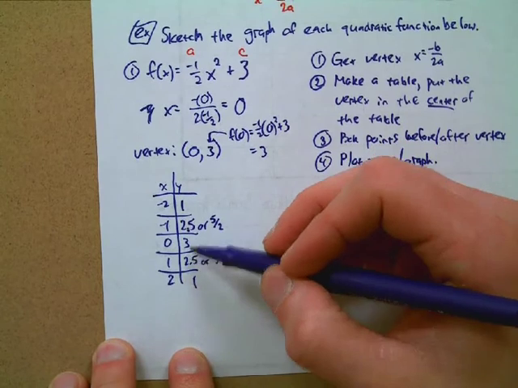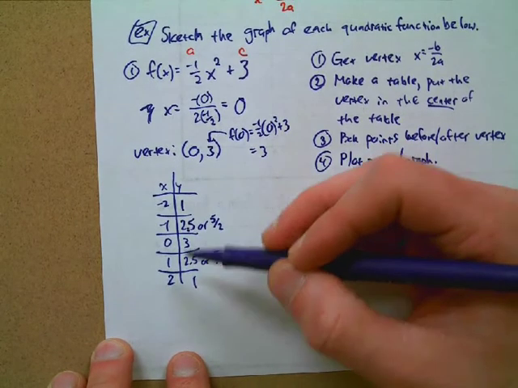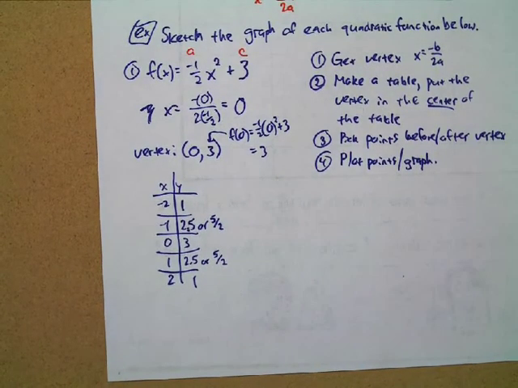If you just want to figure out 1's y value and 2's y value, you can use the symmetry for the other 2 points. You don't have to do the calculation, but if you want to, just check yourself. Feel free to use the symmetry that Michael pointed out when we said this was an even function. This one also happens to be an even function. They won't all be even, but they will all have symmetry. And then we'll just plot the points.